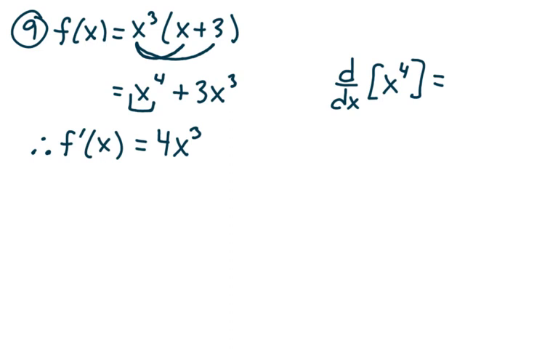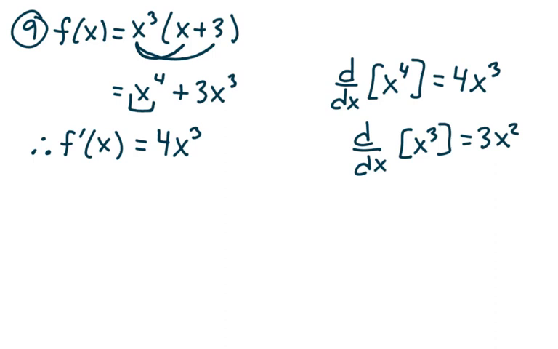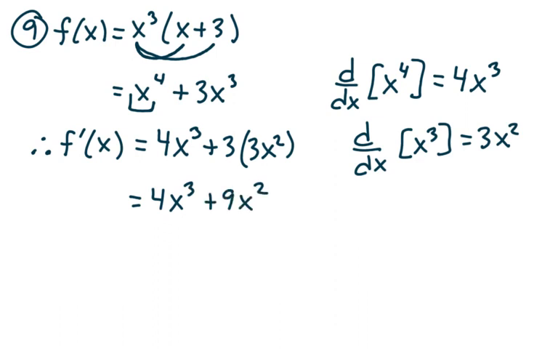The derivative of x to the 4th with respect to x is 4x cubed. The derivative of x cubed with respect to x is 3x squared. So I'm going to add 3 times 3x squared, just like this. So this is 4x cubed plus 9x squared.